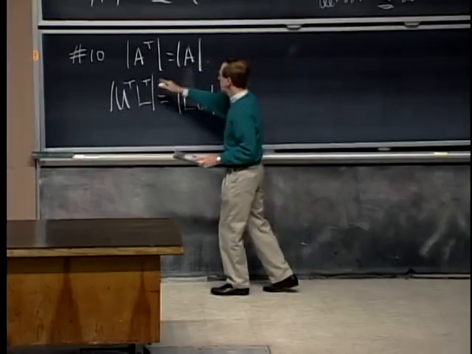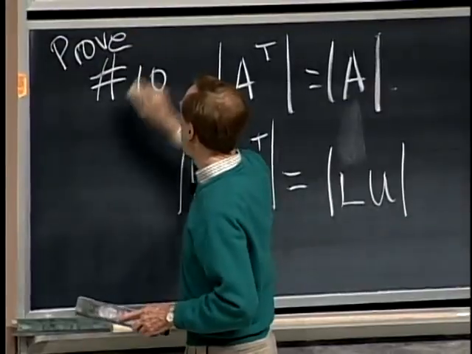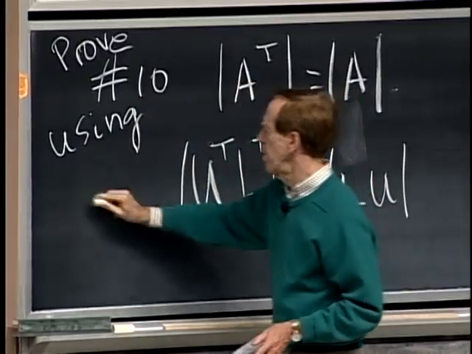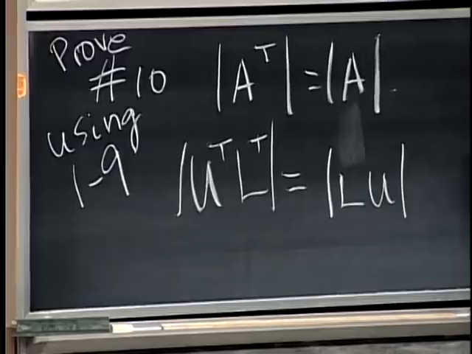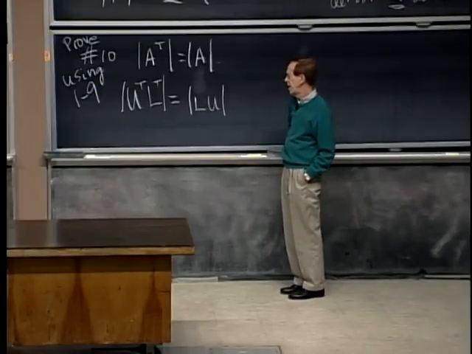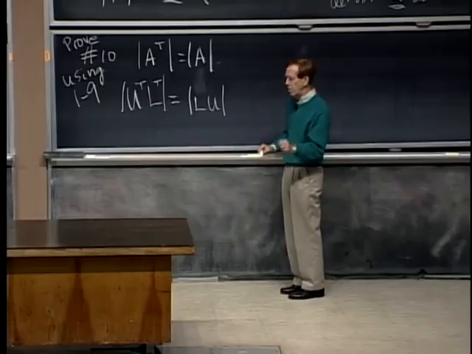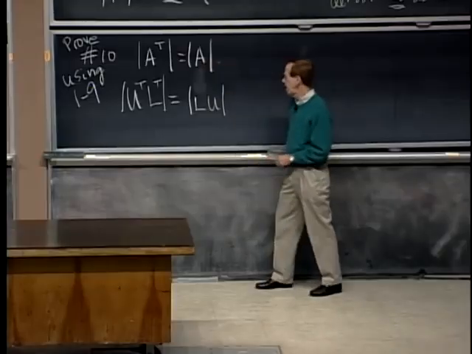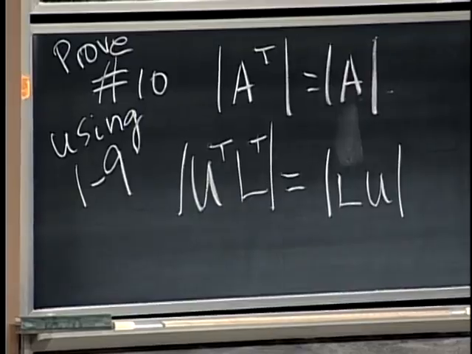So this is proof number 10 using, well, I don't know which ones I'll use, so I'll put them all in, 1 to 9. Okay. I'm going to prove number 10 by using 1 to 9. I won't cover every case, but I'll cover almost every case. So in almost every case, A can factor into LU, and A transpose can factor into that. Now what do I do next?